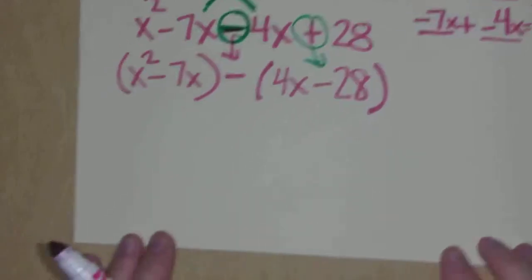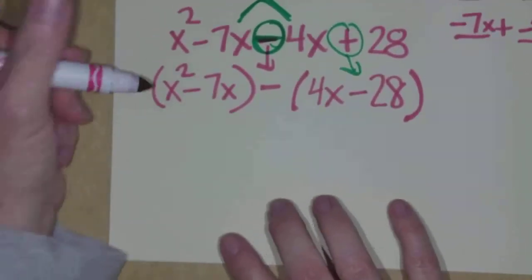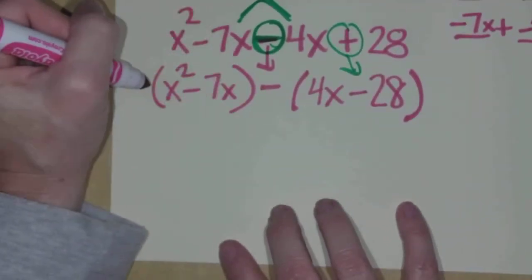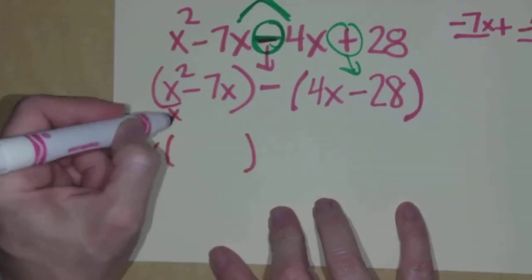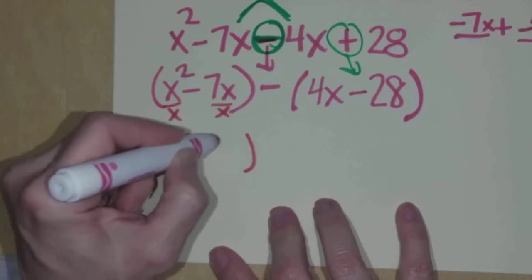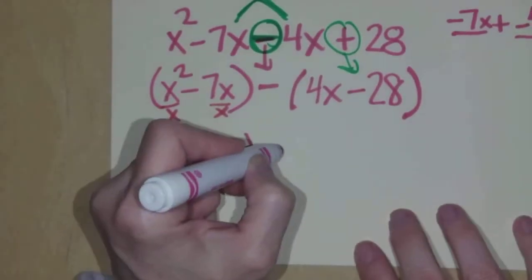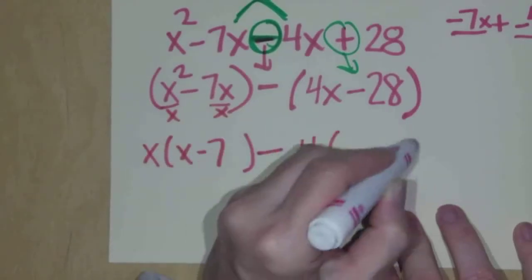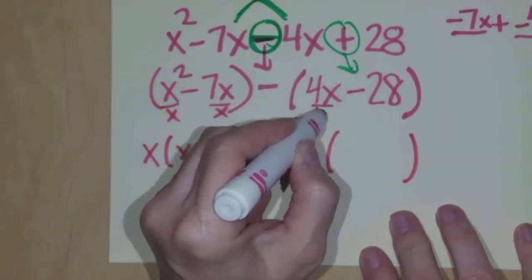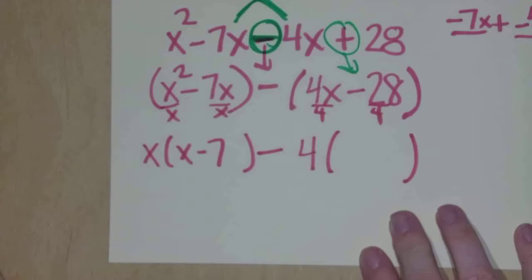Okay, now we do GCF. So we're going to factor out a GCF from the front. Of course, right here, that's just going to be an x. And we're left with x minus 7. Bring that minus down. GCF here is a 4. And you're left with x minus 7.